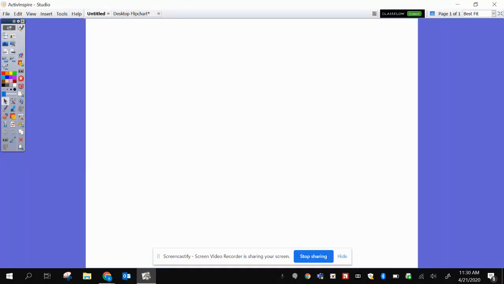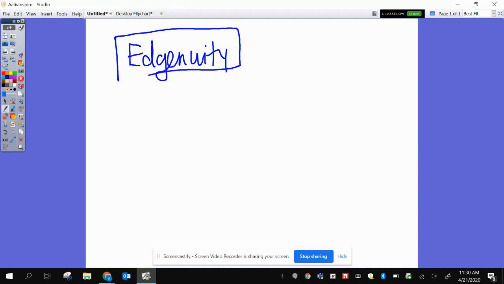So it's important for you to understand. There's two different ways you could be learning this stuff. One is through Edgenuity. This is what the district wants you to use if you have internet at home, if you have access to a laptop at home or another PC or Mac, I guess, not discriminating.